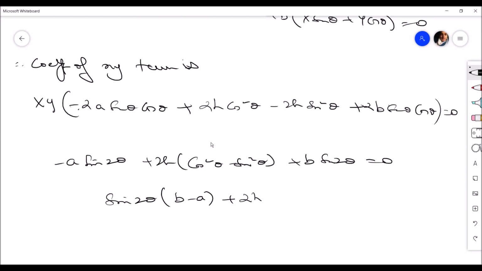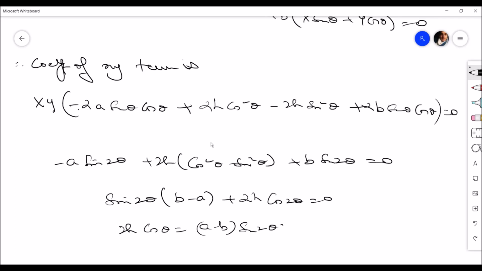From the multiple angles formula, you know that it is nothing but cos 2 theta, is equal to 0. So I'll just rearrange the terms and write it as 2h cos 2 theta is equal to a minus b into sin 2 theta, because when I send this here, it becomes a minus of the entire term. So b minus a becomes a minus b.